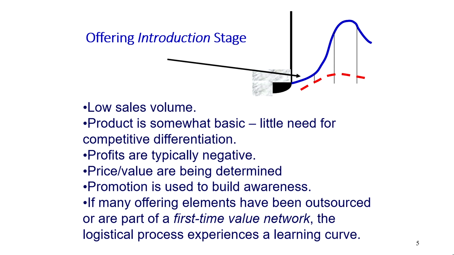And at this stage, how the product will be differentiated may not be fully understood, because the competition may not have fully emerged. Profits are still typically negative. Price is often tentative at this stage.